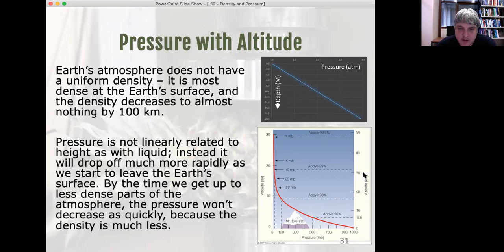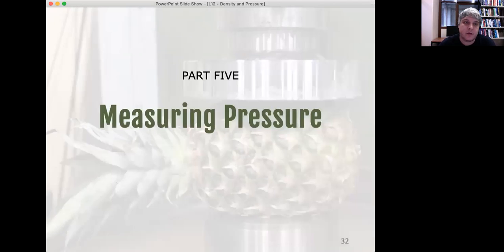The altitude in kilometers is on the right. By the time you get up to 50 kilometers, then you're at very, very low pressure, right? Almost nothing. The atmosphere is almost gone. So the Earth's atmosphere is not a linear change in pressure. As I said, we pretty much just expect it to be 101 kilopascal, or we'll tell you if it's not.